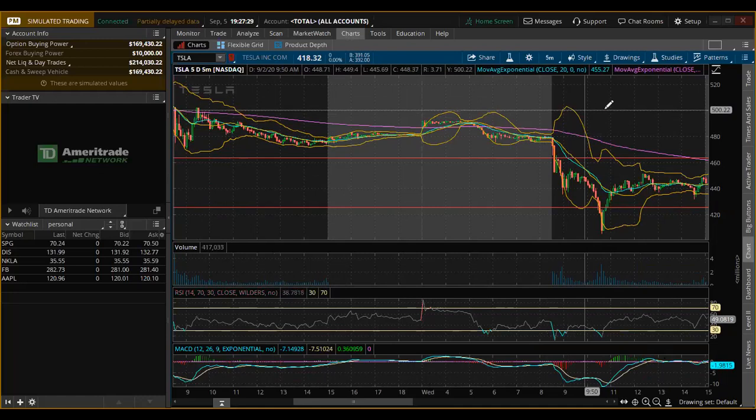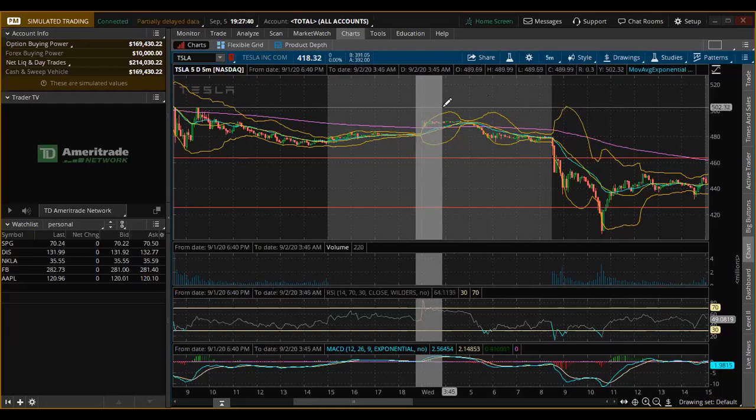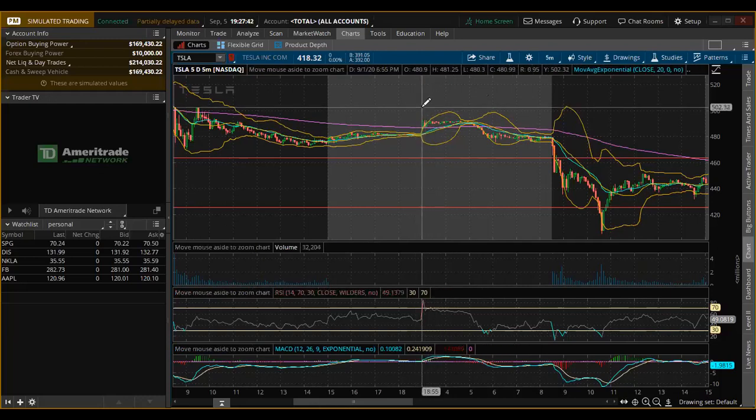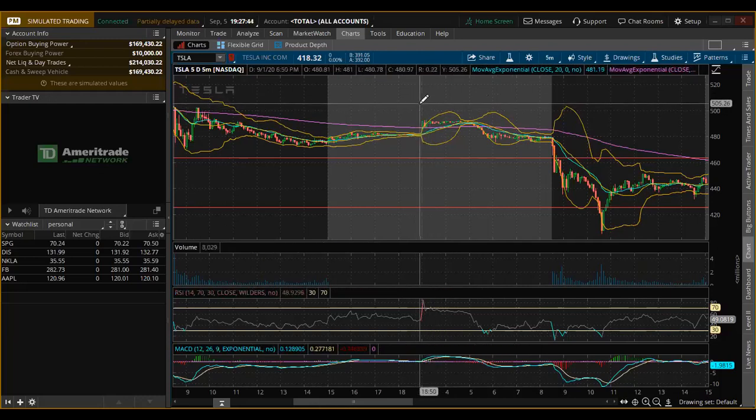And then this is intraday over here. To the left of this is pre-market. So the middle is where it cuts off. So if you see this dotted line right here, that's where it cuts off, the end of the actual trading day. And then this is the start of the pre-market for the next day.